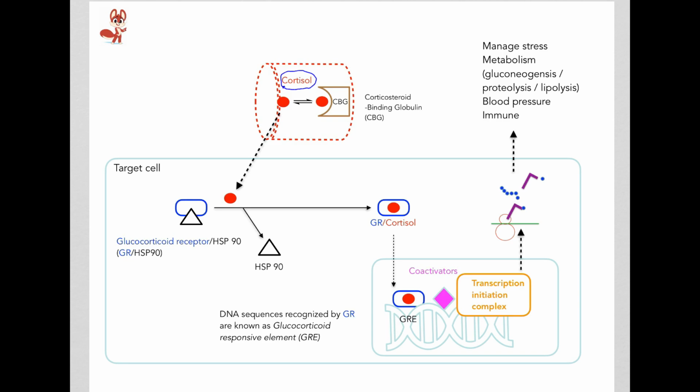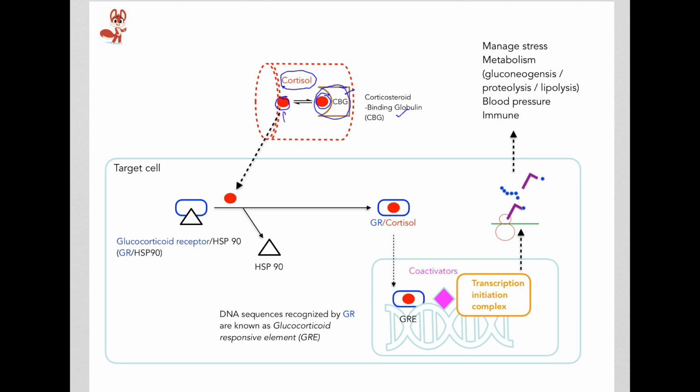So in the bloodstream, it will exist mostly in the bound form to some sort of protein. In case of cortisol, one of the major proteins that binds cortisol is called CBG, or corticosteroid binding globulin. So most of the cortisol will exist in the bound form, but there's always going to be a little bit that's going to be water soluble.